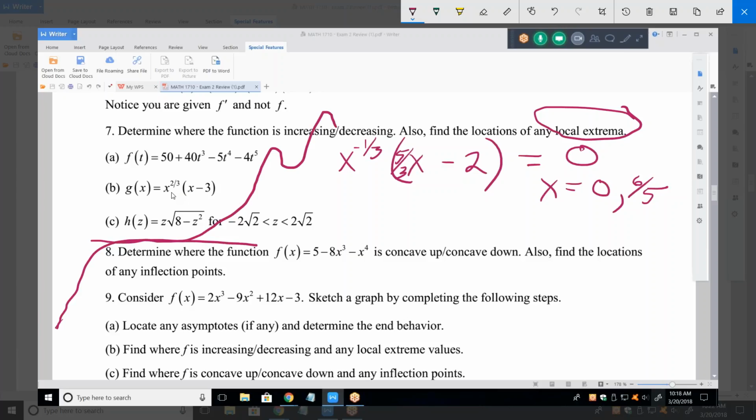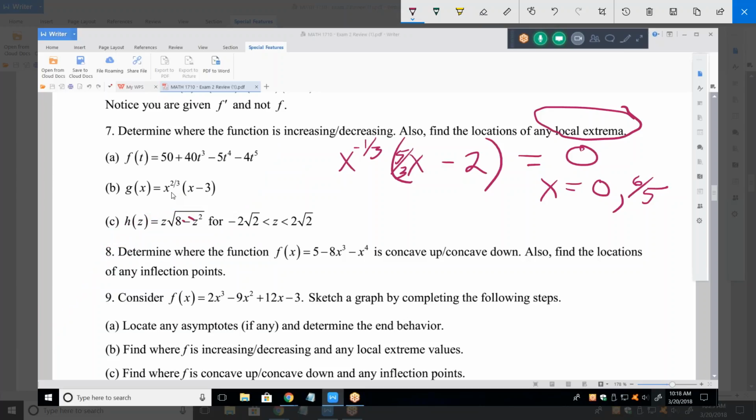I got one there, one there, one there, one there. I got 4 places. Only 3 of those are extrema. That one, and that one. This one is not. And so what we have to do is test both of these spots to see whether it's a local extrema or not.